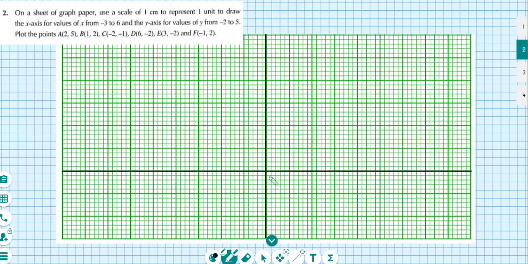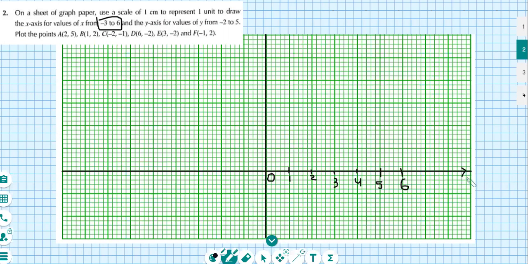Say this is origin O. One box or 1 centimeter represents 1 unit along x-axis. So it will be 1, 2, 3, 4, and you can also see that x is from -3 to 6. So 5 and finally 6.